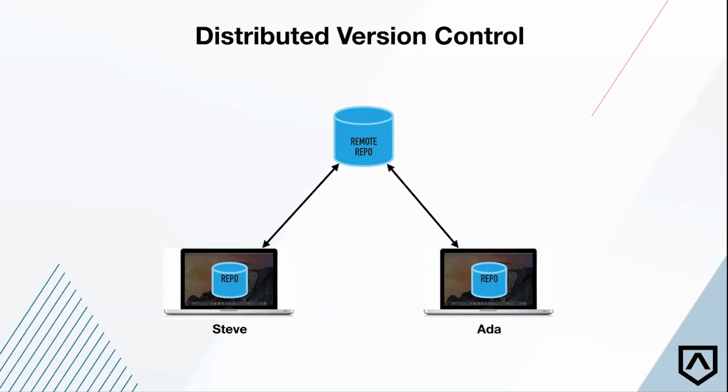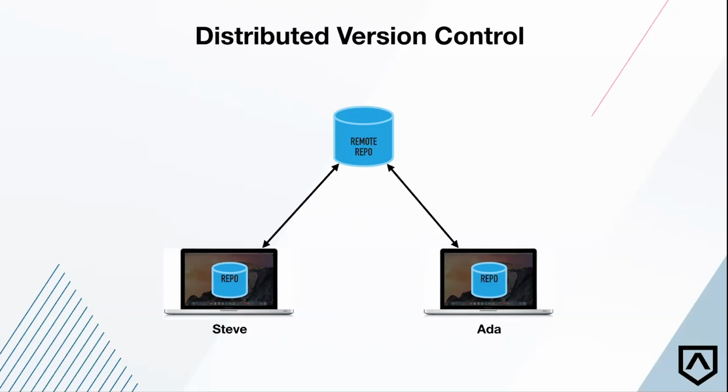Does that ever get complicated when you have people working on their own local versions of it, and they might be working on the same file? Yes, that can often be an issue, and we'll talk about that a little bit later.